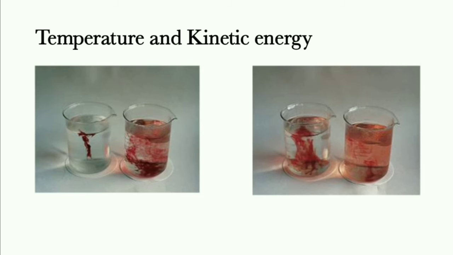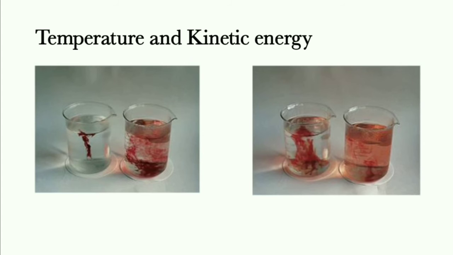Due to the temperature. What is the difference in temperature we identified? The right tumbler is at high temperature and the left side tumbler is at low temperature. This is cool water, this is hot water.